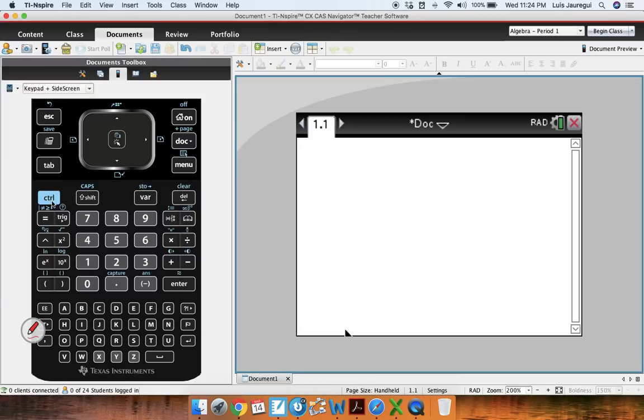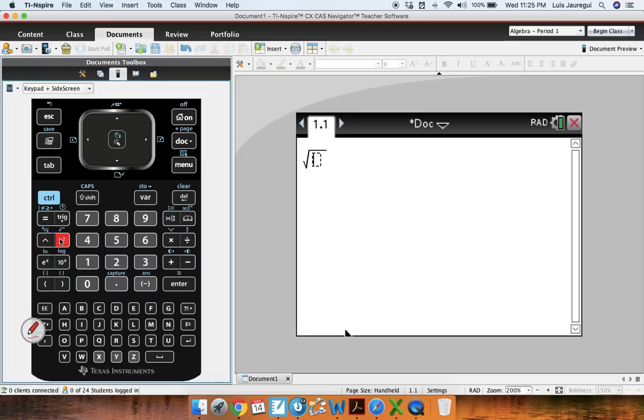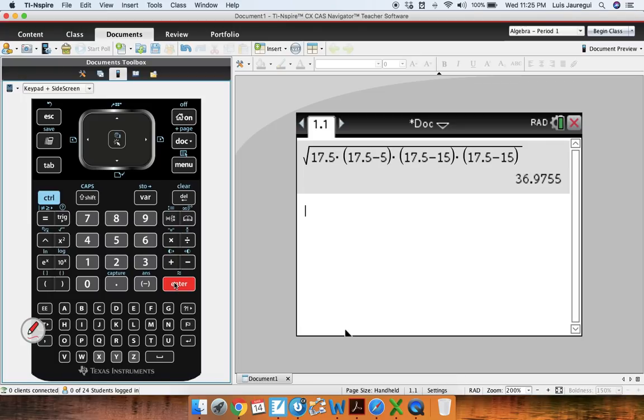I'm going to hit Control and the square root key, and type in 17.5 times (17.5 minus 5) times (17.5 minus 15), putting that in parentheses, times (17.5 minus 15). Then we hit Control Enter.